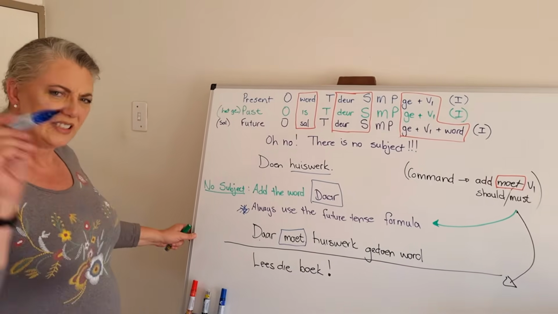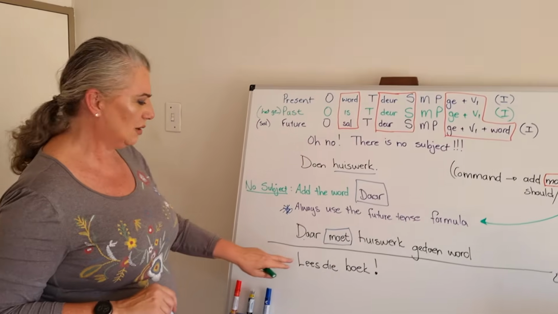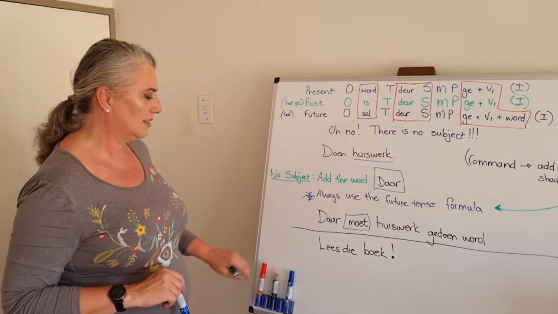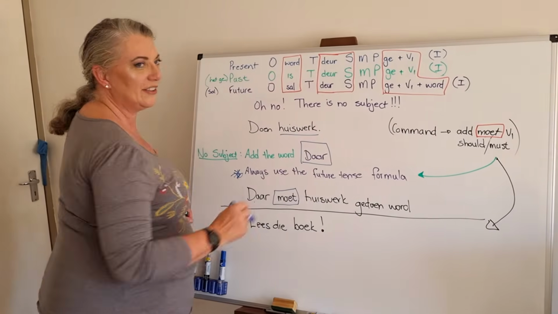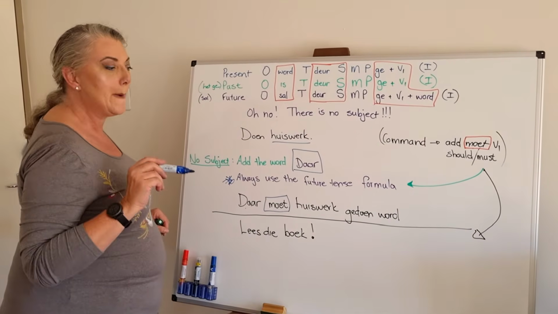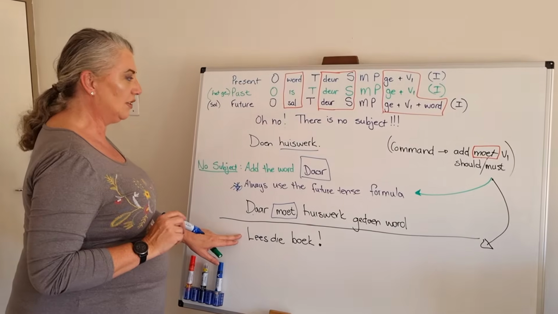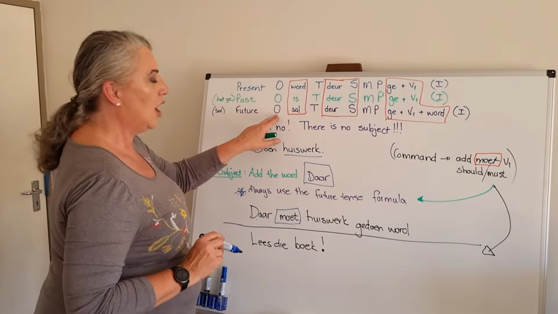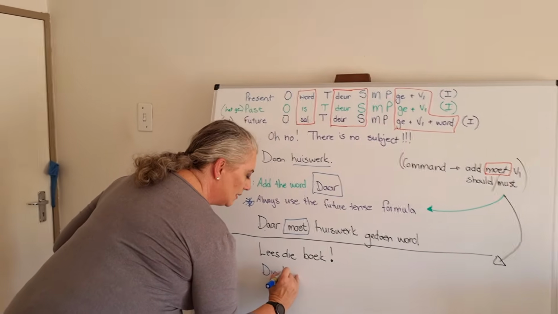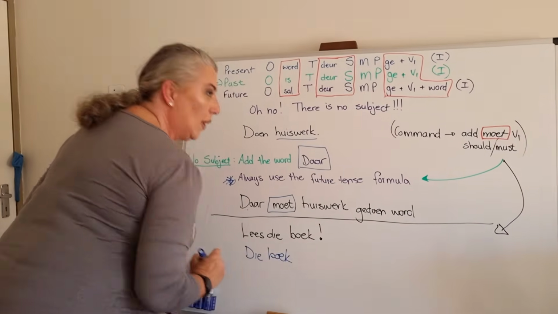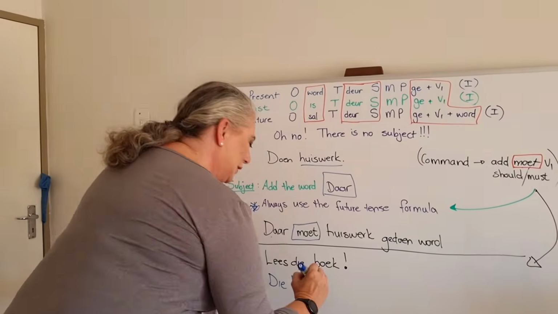Okay, so let's have a look at a normal command sentence. Lees die boek. Can you see the exclamation mark? That means we have to add moet. Let's have a look. Object, die boek. What comes next? Moet.